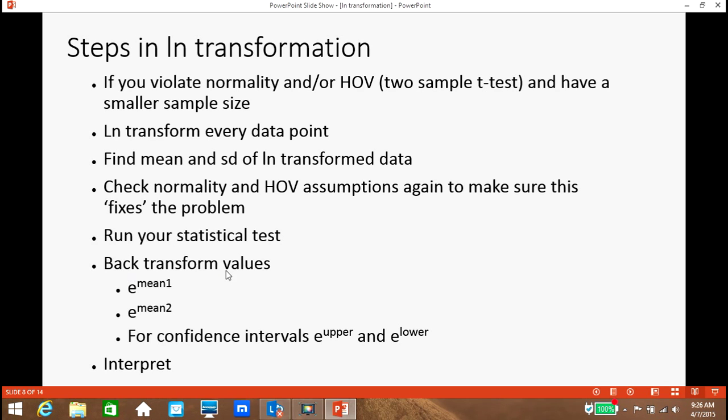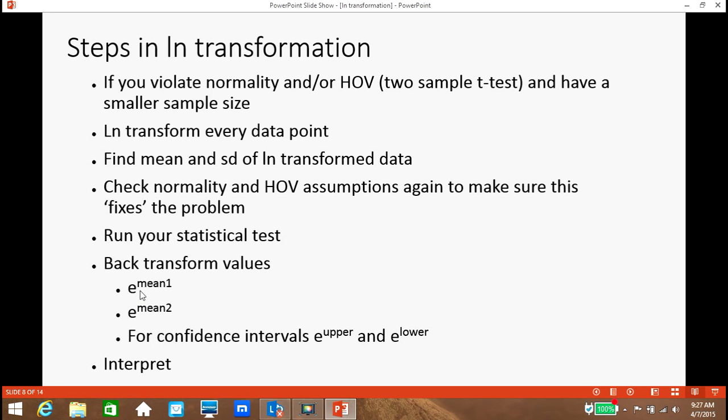And then, in order to interpret the means of the groups and the confidence intervals, either for the difference or for each group, we have to back transform these values. Now, in this case, we don't back transform every value and then get that mean. No, we'd be back to where we started from. What we do is we only back transform the mean.